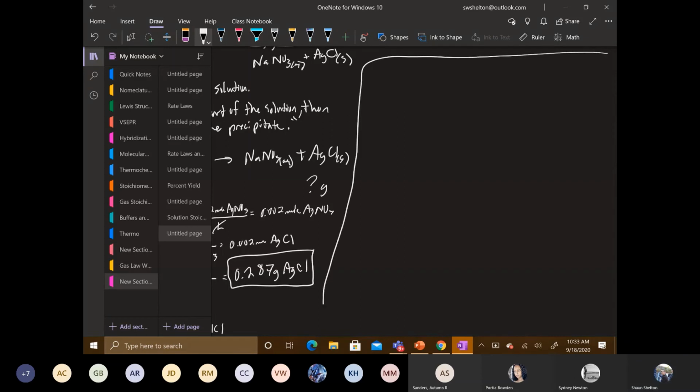In this problem, they give you the balanced equation as 2KCl reacting with lead 2 nitrate, that's Pb(NO3)2, and that yields PbCl2 solid plus KNO3 aqueous.